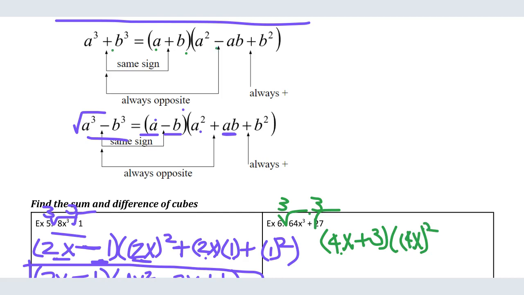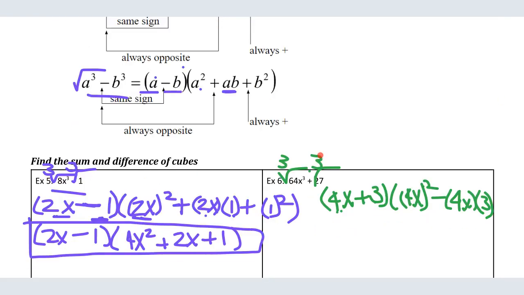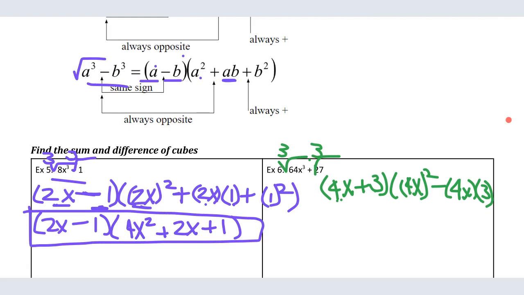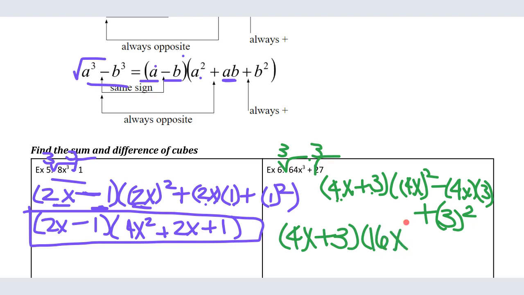The plus is minus, so minus a times b, 4x times 3, and then plus b squared. b is 3. So simplify to 4x plus 3 times 16x squared, 4 times 3 is 12x, plus 3 squared is 9.